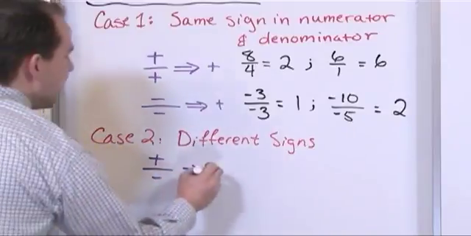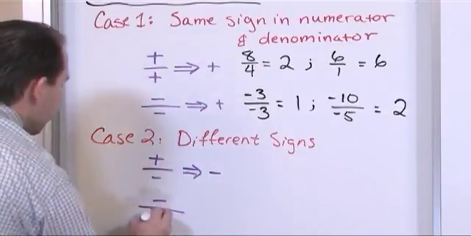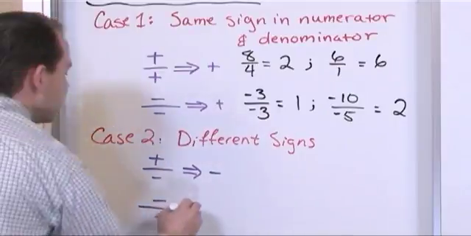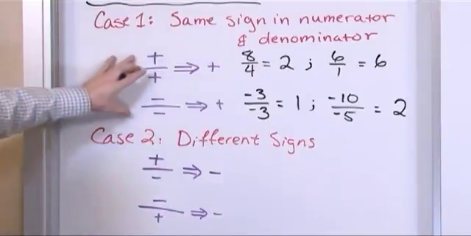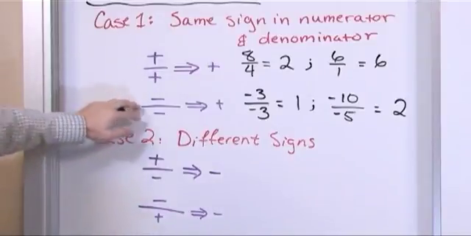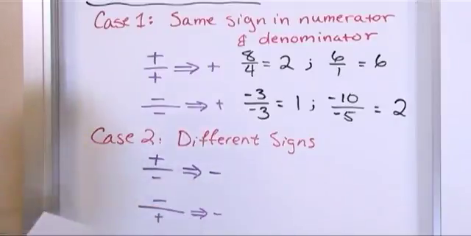So different signs, I'm going to get a negative answer. And the same sort of thing here. If I had a negative divided by a positive number, I'm going to get the same thing. I'll have a negative answer. So anytime the signs are the same, I'm going to get a positive answer. Anytime the signs are different, I'm going to get a negative answer.